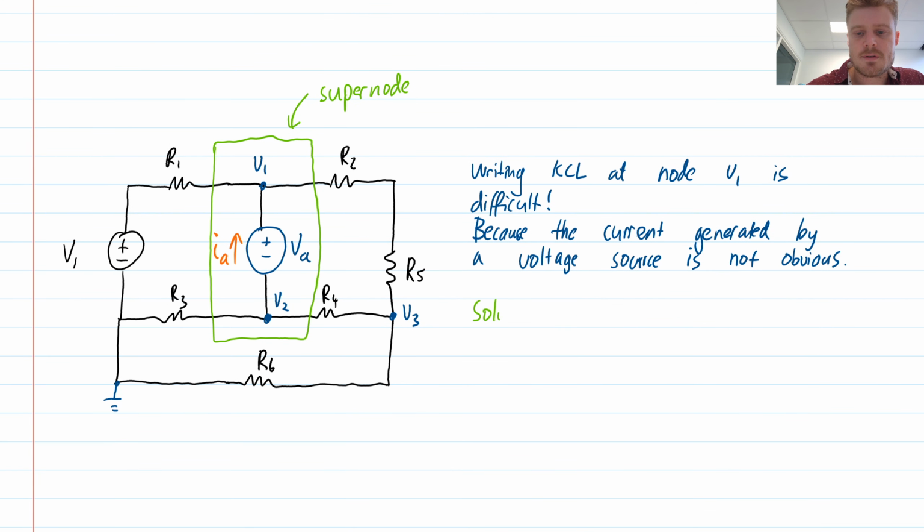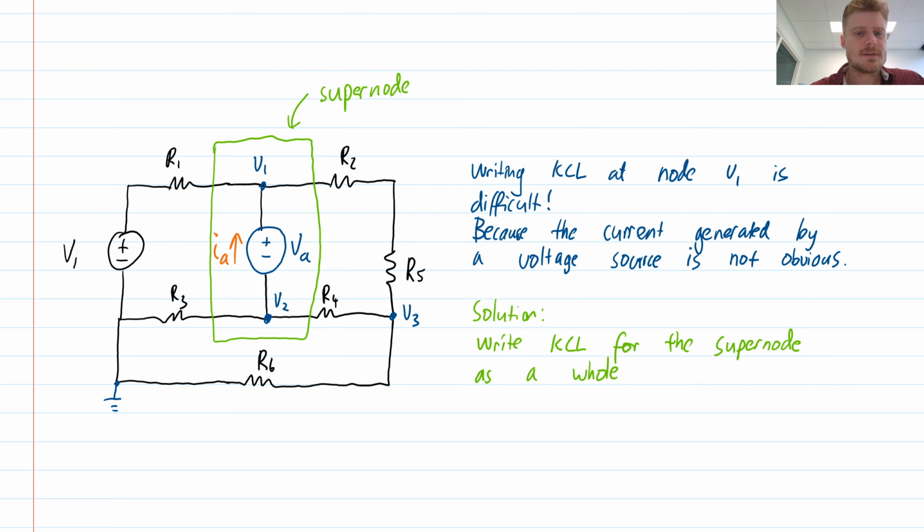So the solution: write KCL for the supernode as a whole. We would look at all of the currents entering and leaving that supernode, and we would add them all up. And we know that that combination must equal 0 because the charge is conserved. So you can take any whole region of a circuit and write KCL, and it will still continue to apply.